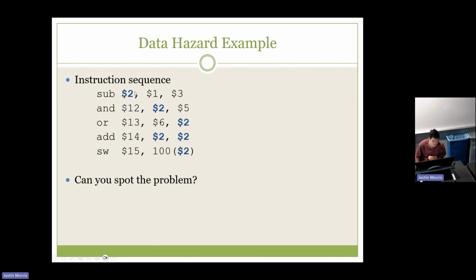Because what cycle again do we get the results for register two? Third cycle. And what cycle does it get written to the register file? In the fifth cycle. And what cycle do we need that value in? The second cycle. In the third cycle? Third cycle. Right? Because this and doesn't start until the second cycle.